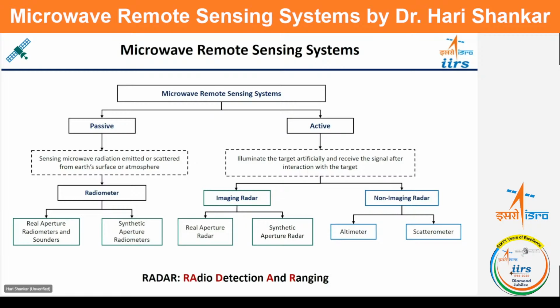And as I mentioned, both the techniques have their advantages and disadvantages. So if you want to analyze them very critically, then you can combine both the data sets. And still, the beauty of this sensing is basically in the active remote sensing, and all these microwave systems are using the longer wavelength.